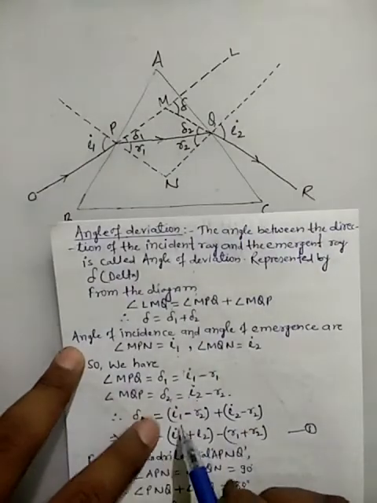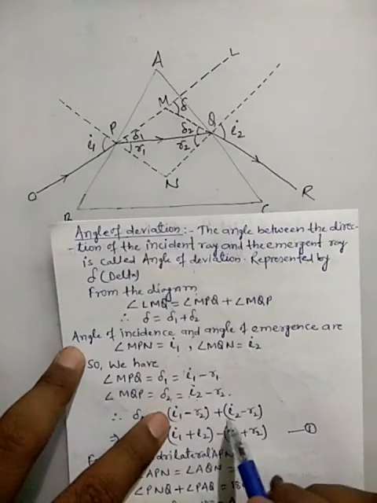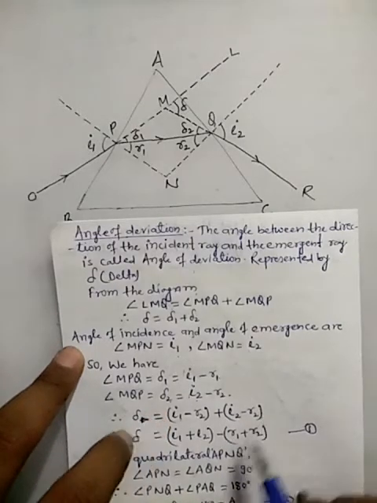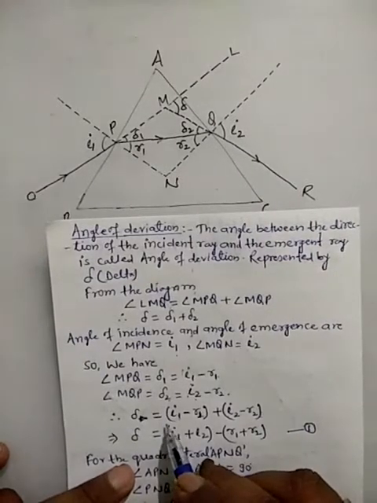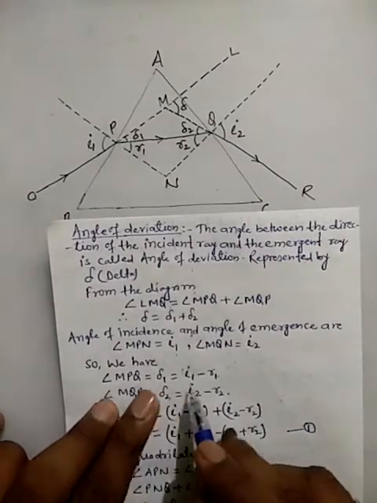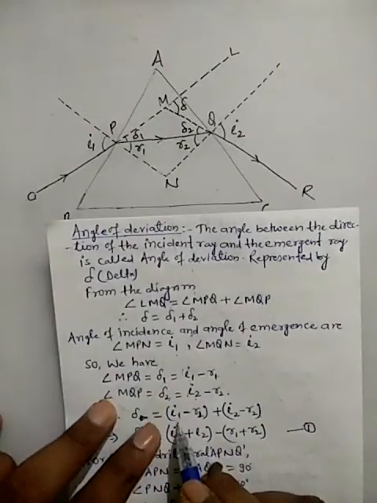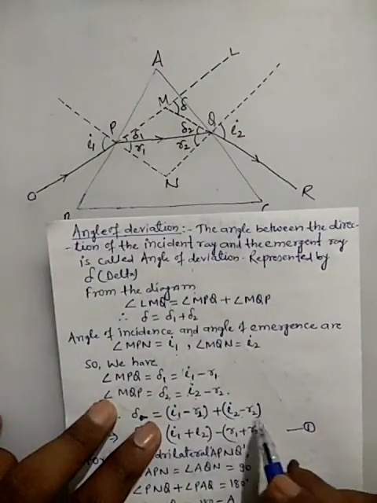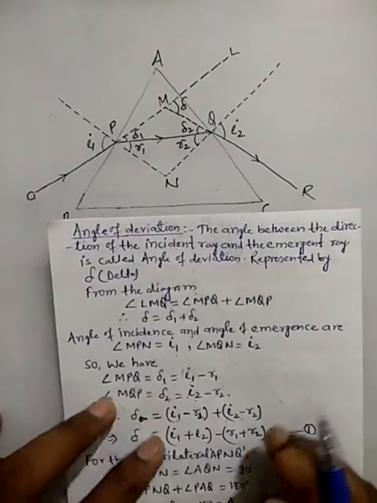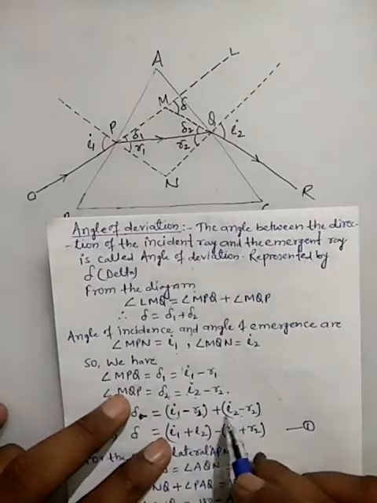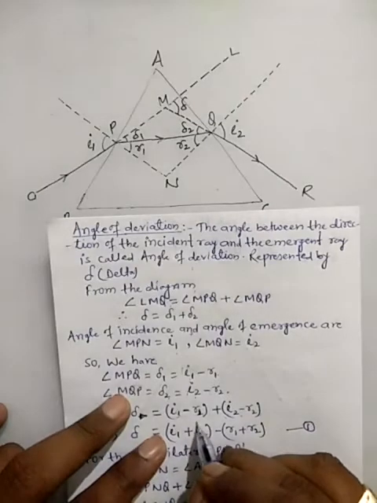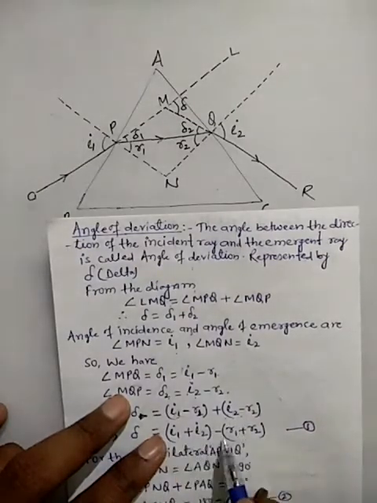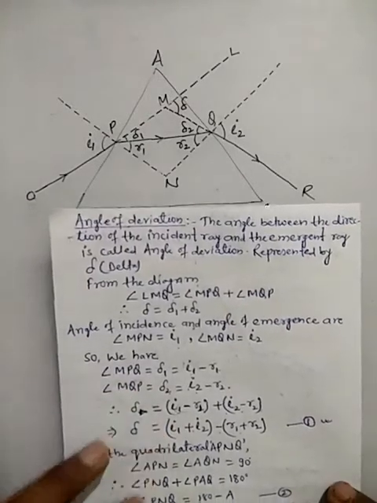Delta will be equal to I1 minus R1 plus I2 minus R2. If we rearrange this equation, we can write delta equals I1 plus I2 minus (R1 plus R2). This is equation 1.